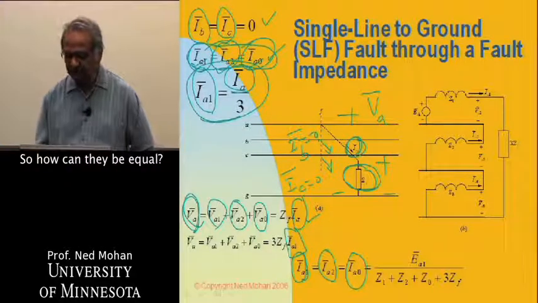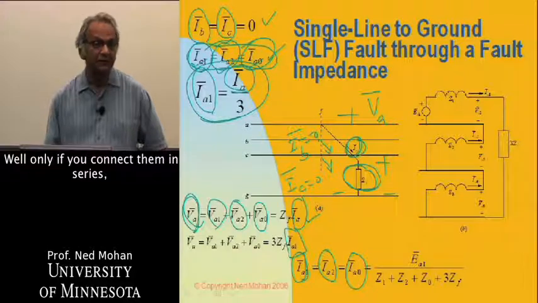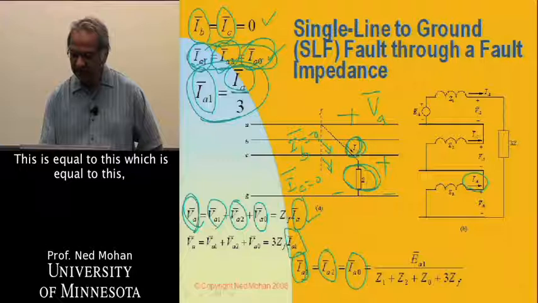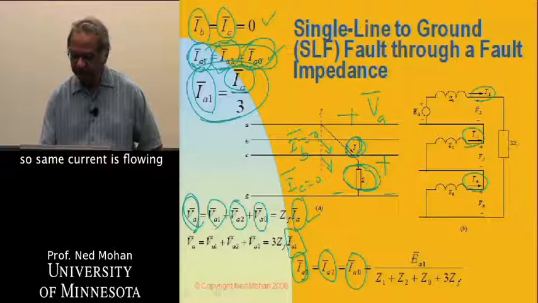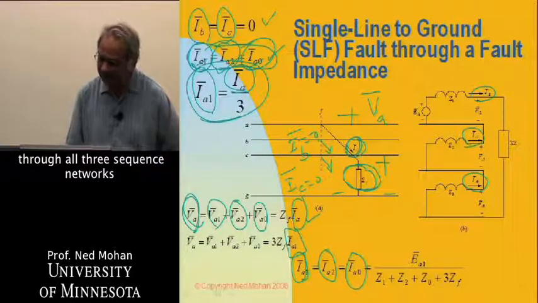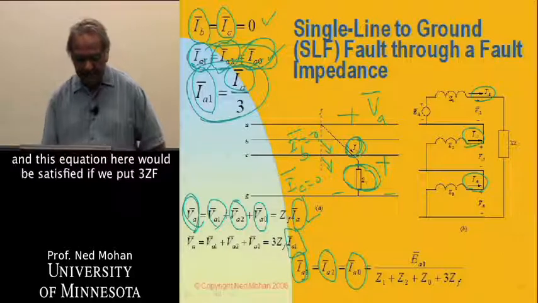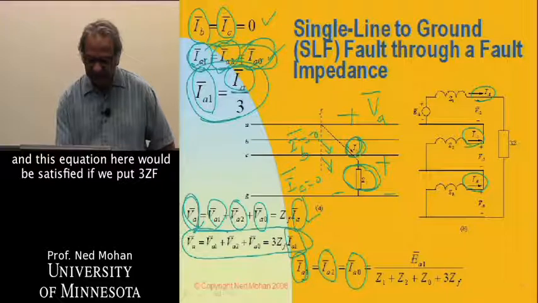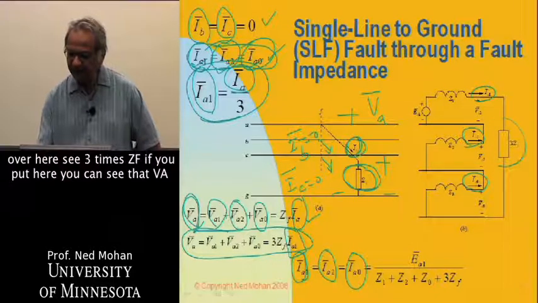So how can they be equal? Well, only if you connect them in series. See, in the series connection, this is equal to this, which is equal to this. So the same current is flowing through all 3 sequence networks. And this equation here would be satisfied if we put 3 ZF over here.